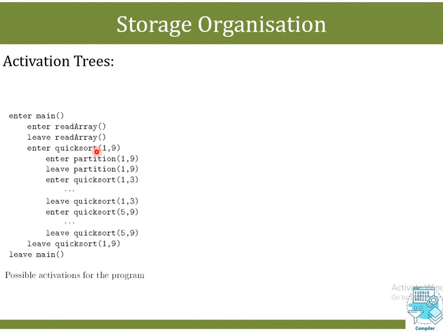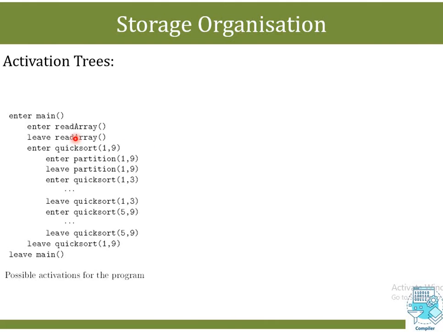Now actually what happens is, once the control comes to a function, or once the function gets activated, an activation record is created and placed in the stack. So for the main function we'll have an activation record, and for read array an activation record will be created and placed in the stack.